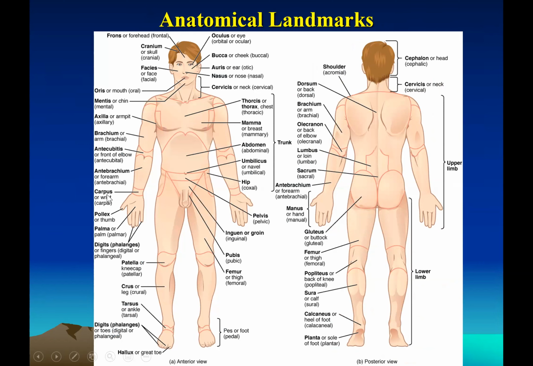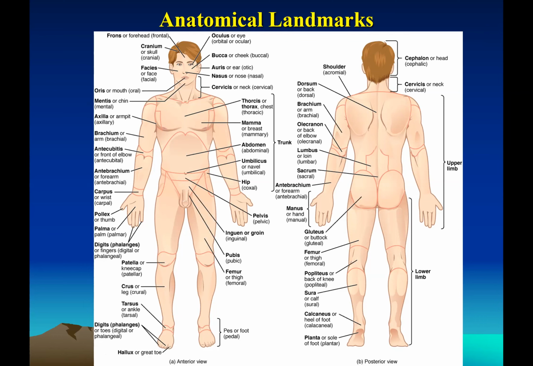Your wrist is carpus. Your thumb is pollex. Your palm is palmar. Your fingers are digits. Your thigh is femoral. Your knee is patella. Front of your feet is pedal. Ankle is tarsus. Your toes are also called digits. Your big toe is called hallux.